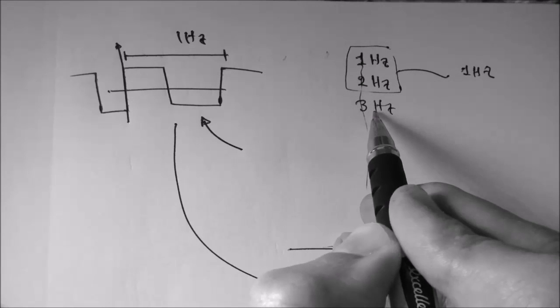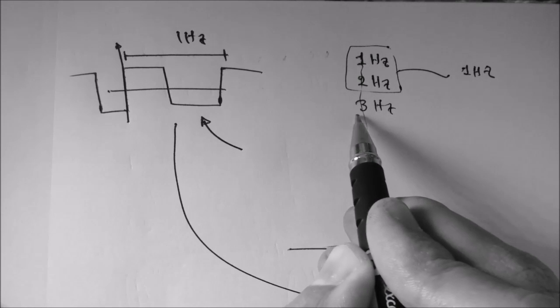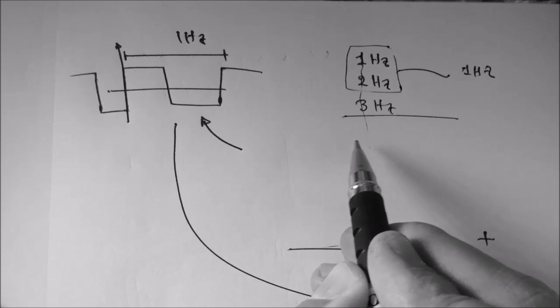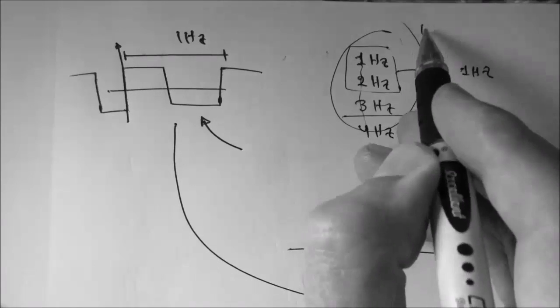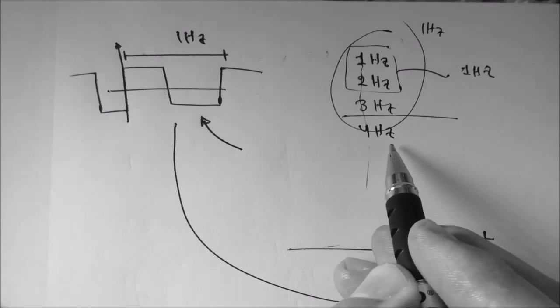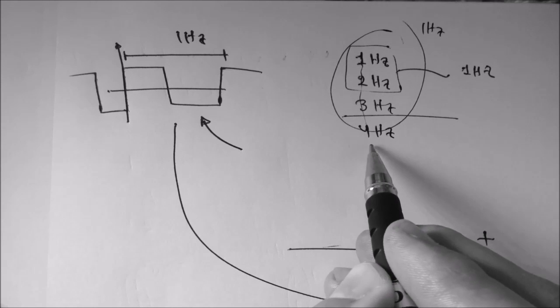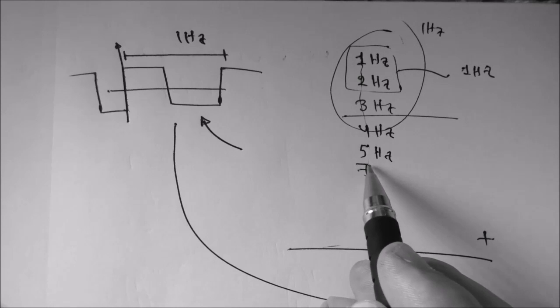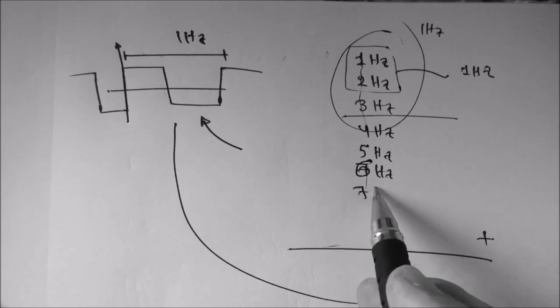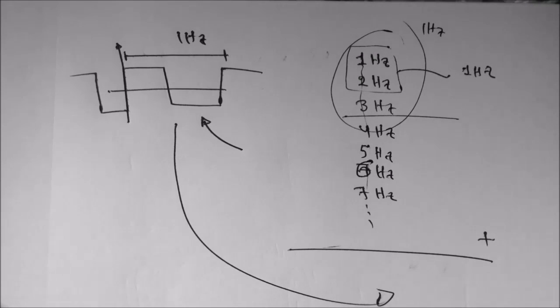So 1 Hz plus 3 Hz signal, we get a signal of 1 Hz again. Adding a 4 Hz signal to the signal, which has a 1 Hz frequency, will give us a signal that has a frequency of 1 Hz again. And so on. So we can add 5 Hz, 6 Hz, 7 Hz, and up to infinity, we will get a signal that has a frequency of 1 Hz only.